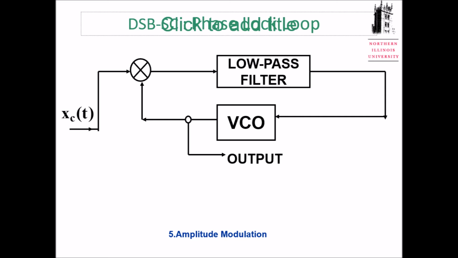So in this block diagram, similar to our receiver, we have a mixer, right, and we have a low-pass filter. The only difference this time is that my input to the mixer is an input and a controlled, time varying signal. This signal is generated by this voltage control oscillator.